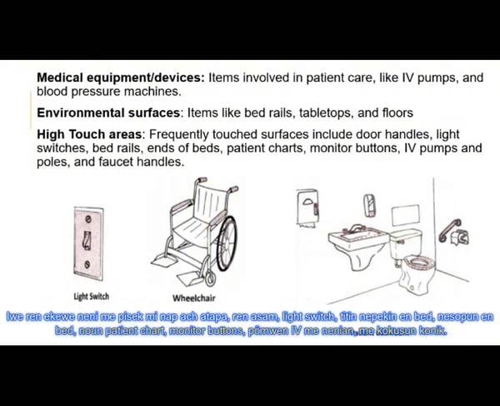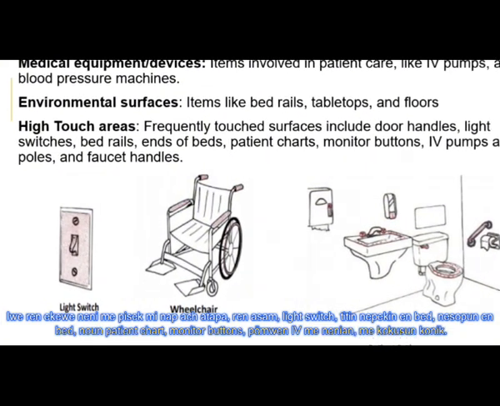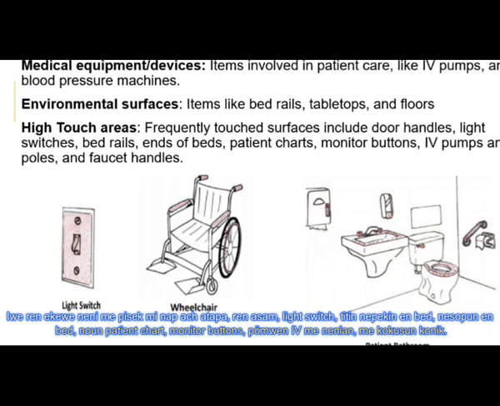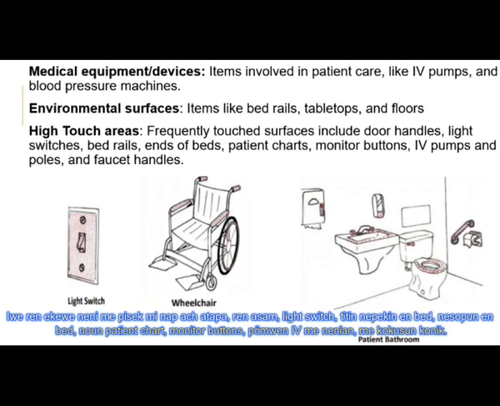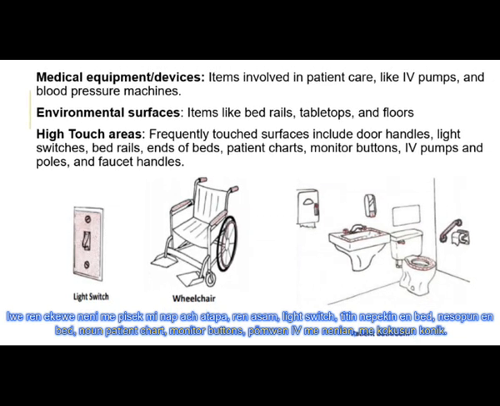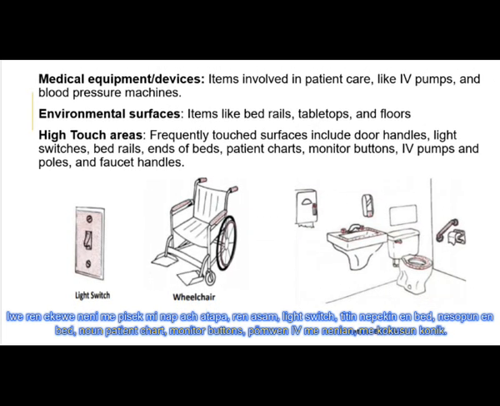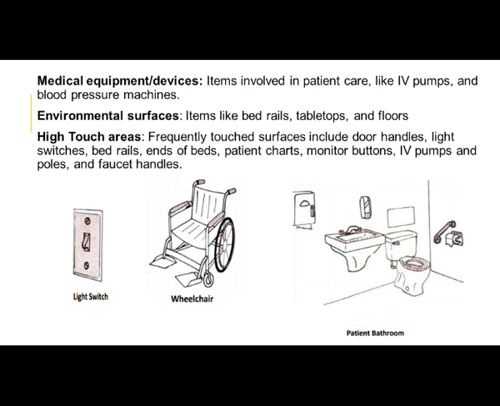And then the high touch areas are usually parts of the building that a lot of people touch. So the door handles, the light switches, bed rails, end of the beds, patient charts, monitor buttons, IV pumps, as well as the faucet handles in the restroom. So these are the sites where a lot of people touch, and they can be highly contaminated with microorganisms.